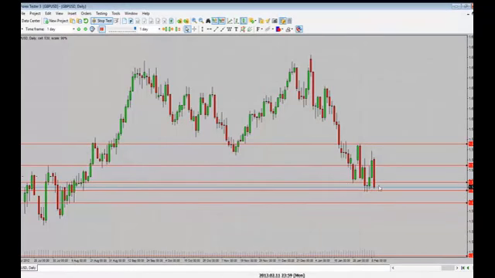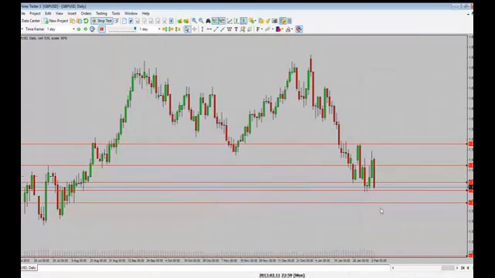So price has done the sideways move for a while, and we can see the price is making lower highs here. We have a big bearish engulfing candle. So where do we expect it to go now? Okay, my guess will be to the downside.